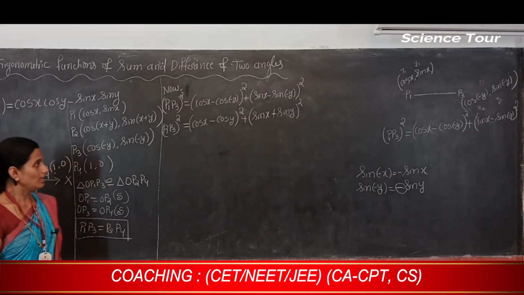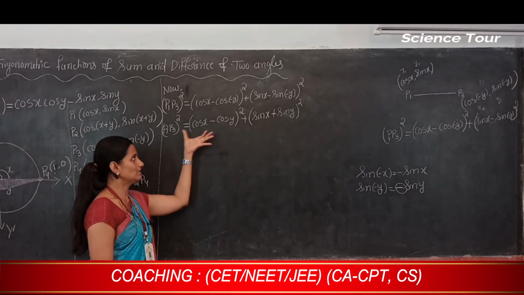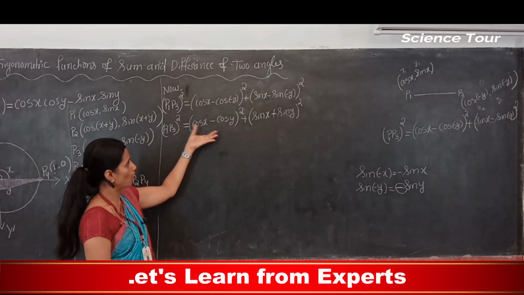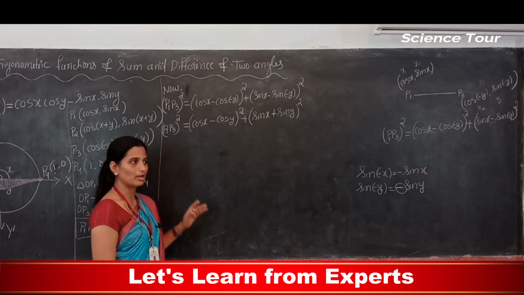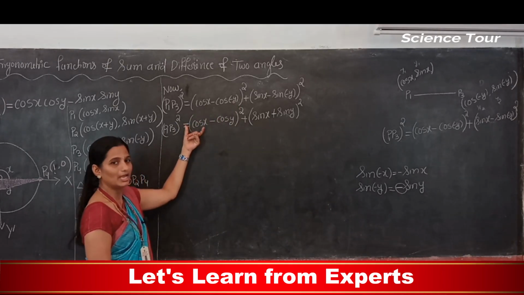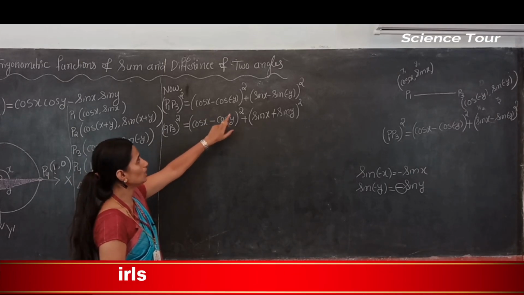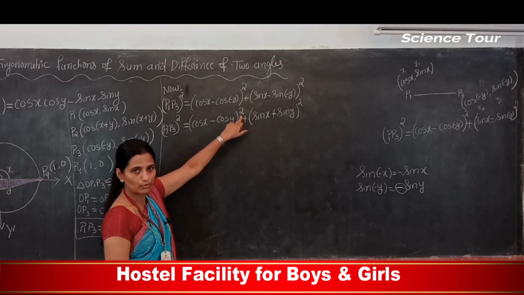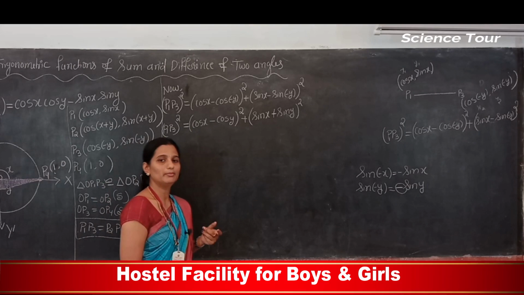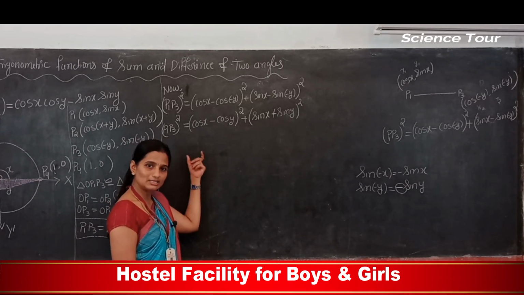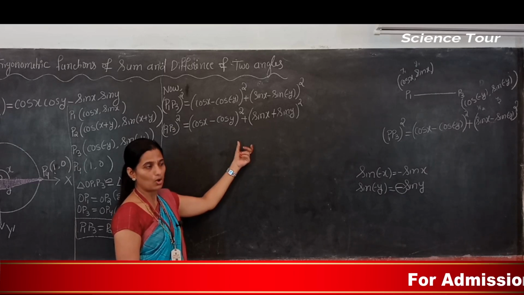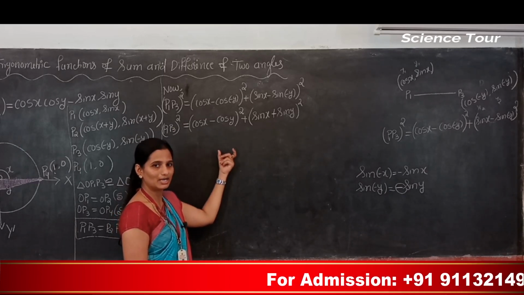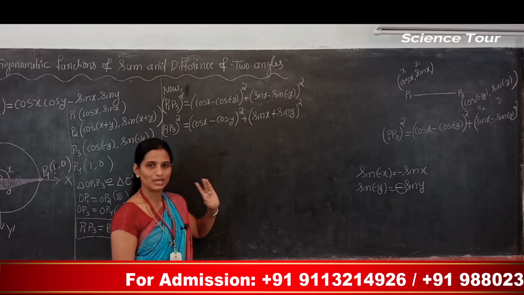Clear? Yes, now how to simplify this? It is easy. It is in the form of cos x minus cos y whole square, that is in the form of a minus b whole square. So use that formula. What is the formula of a minus b whole square? a square plus b square minus 2ab, or a square minus 2ab plus b square.